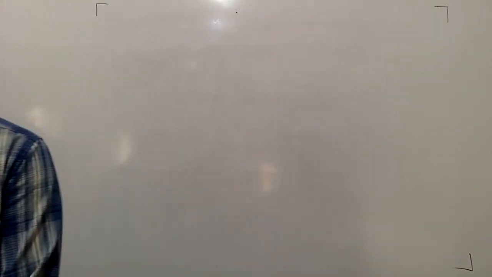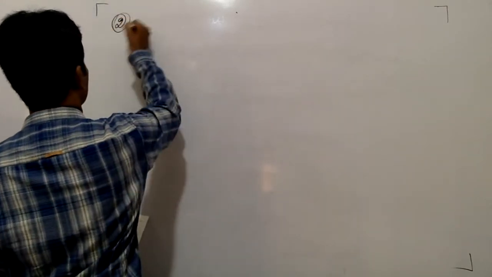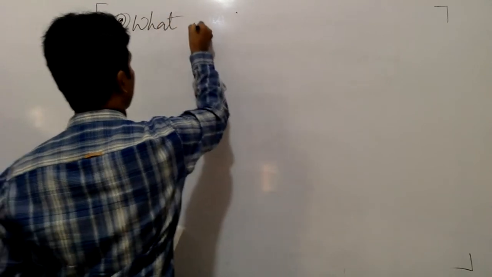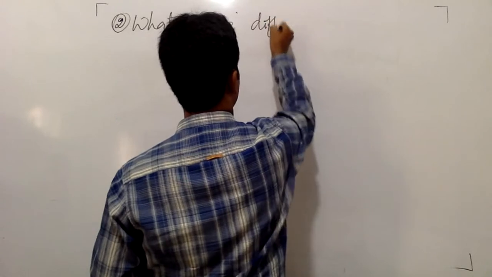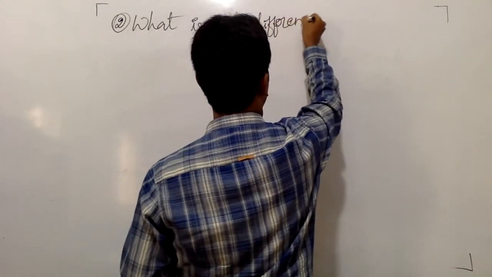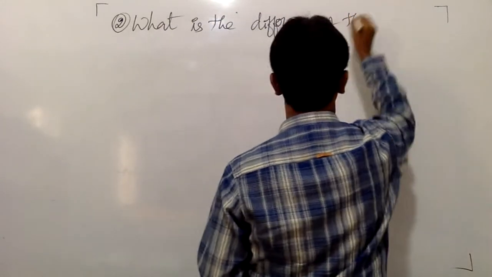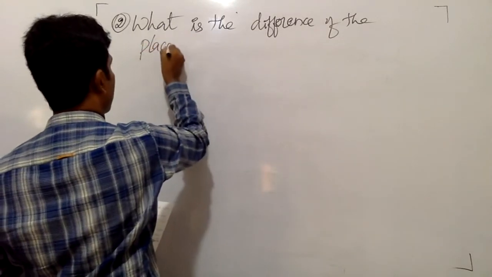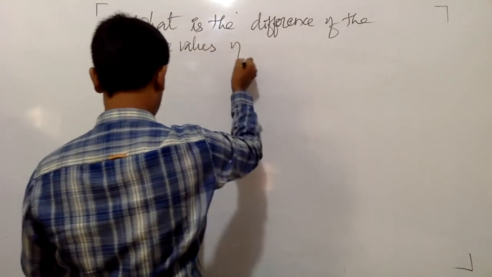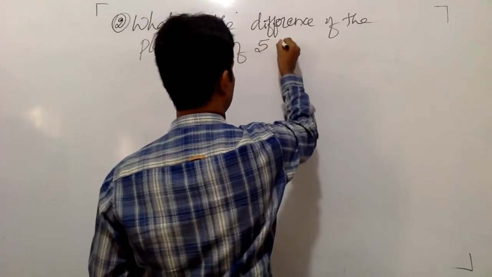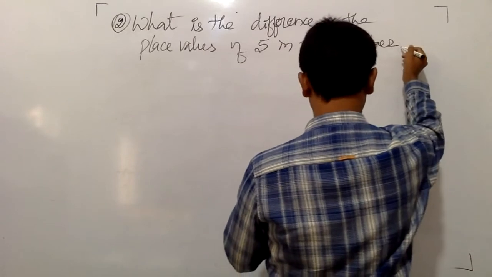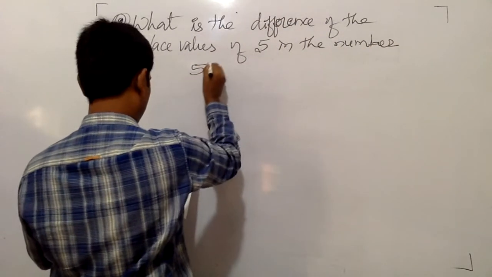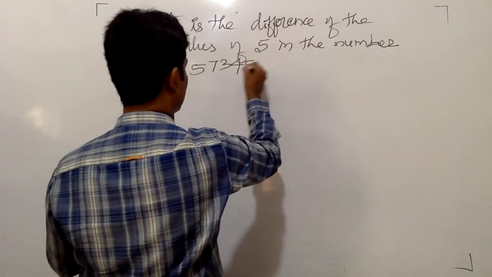Okay, we can take the next problem. What is the difference of the place values of 5 in the number 5,73,459?